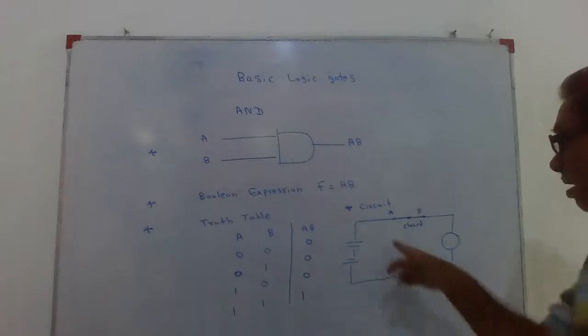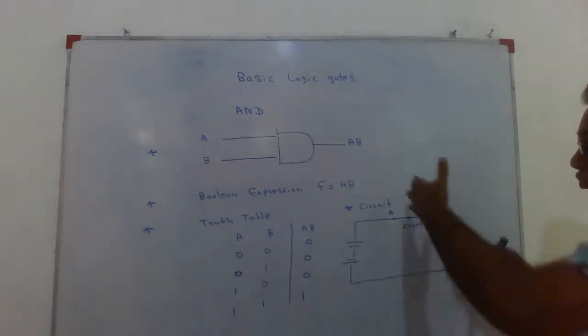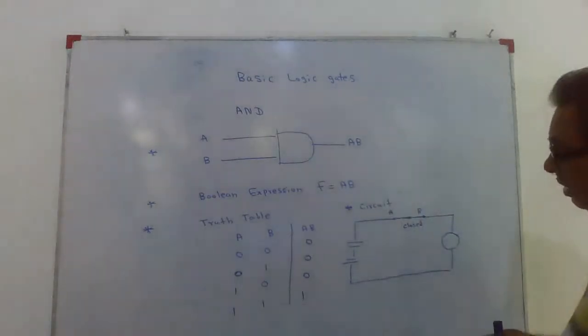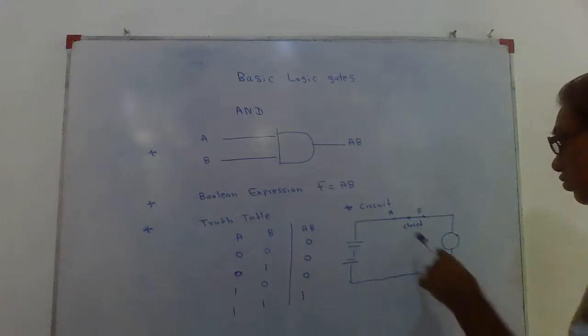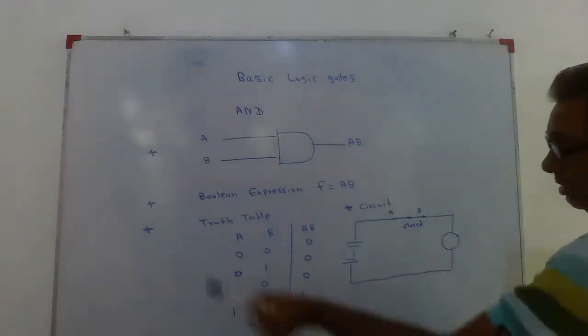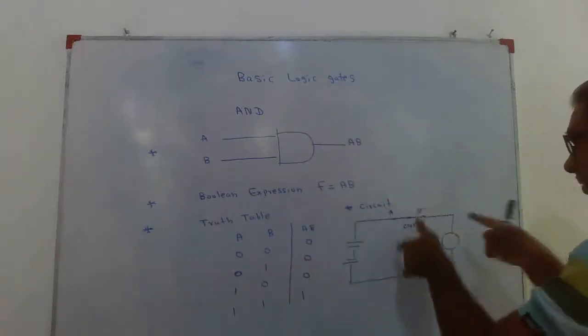So this is a small example. Two switches in series, so both switches should be closed in order to light the bulb here. So you can understand the AND gate with this simple circuit.